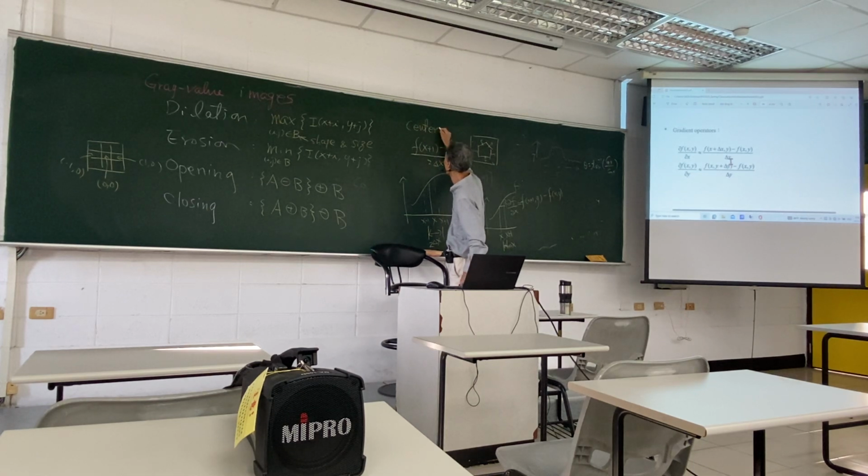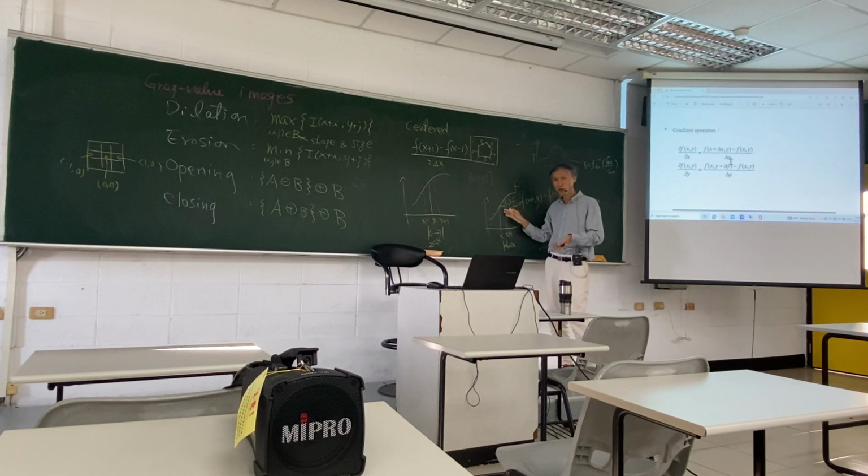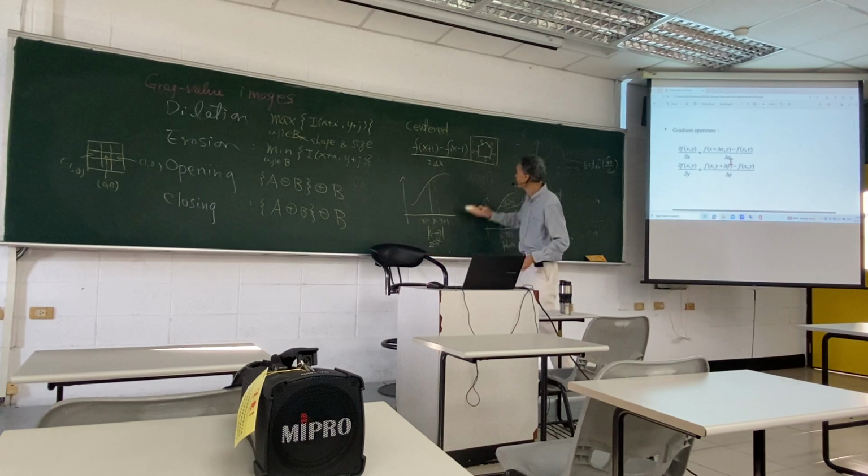And this is the so-called forward derivative. Of course, we can also calculate backward, with x and x minus 1. It doesn't matter. But anyway, that's another way, and it could be better.